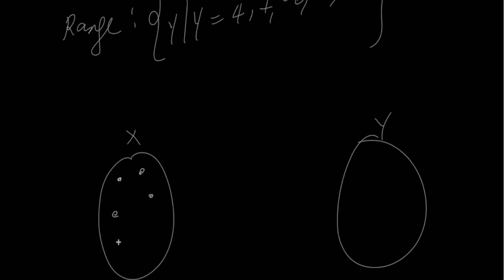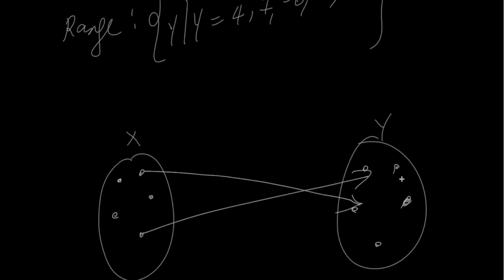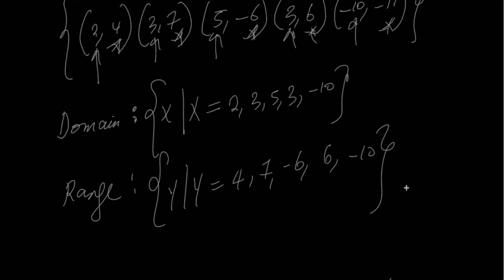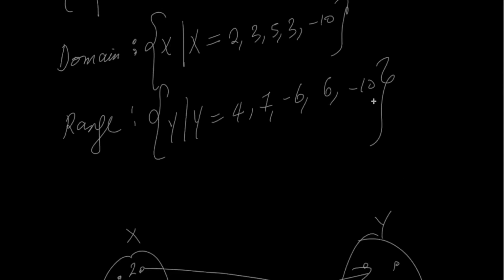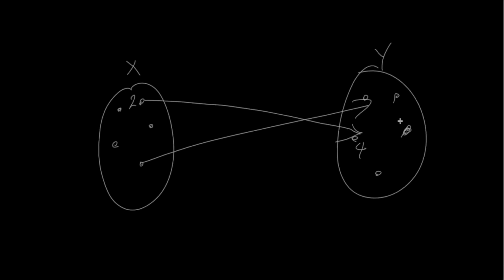Each of the dots corresponds with the domain and the range. Then just link them together. Depends on the value. For instance, this one, we're going to write 2 and 4, right? I say, for instance, this is 2, this is 4. Then this second one is 3 and 7. I say, this is 3, this is 7. And so on and so forth. Just map them together.